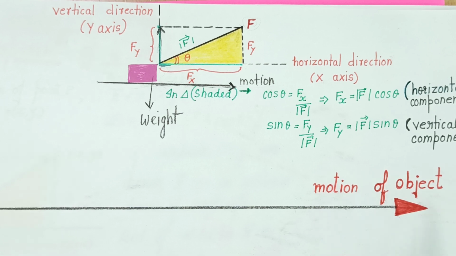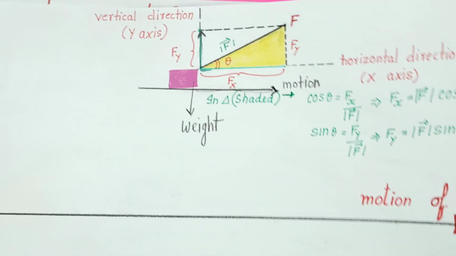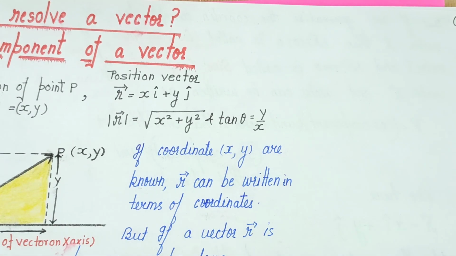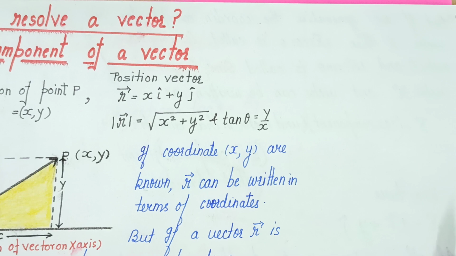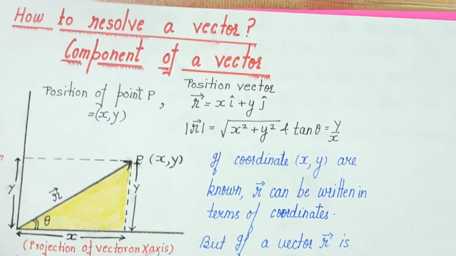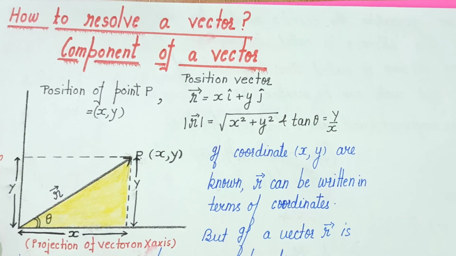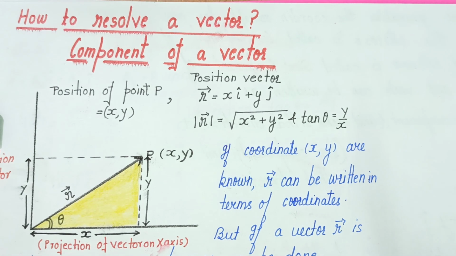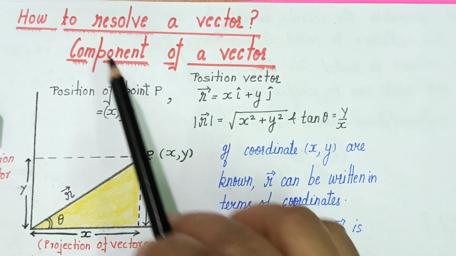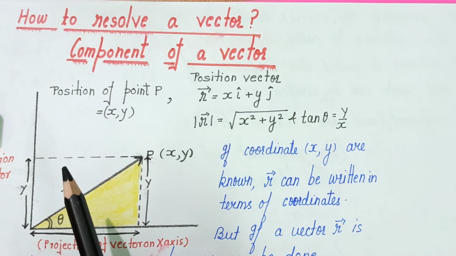So let me start discussing component of a vector. Dividing a vector quantity in its components is called resolving a vector.